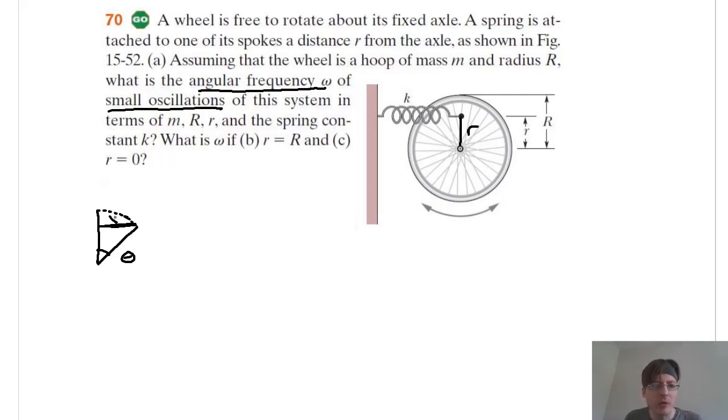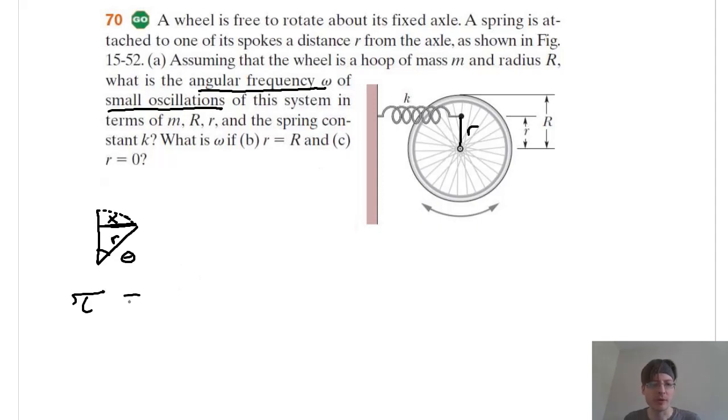Here's x now. x is the stretch of the spring. You see now that the wheel's turned, the spring is stretched out a distance x. Okay, this is all little r, the radius at which the spring is attached. I need to write down the torque that the spring gives. Let's do that.